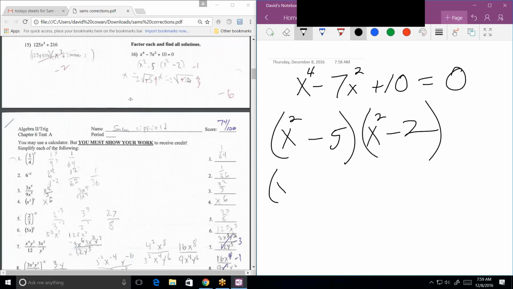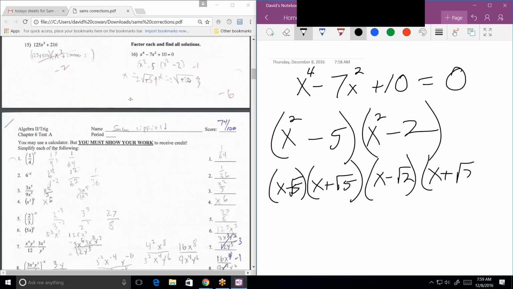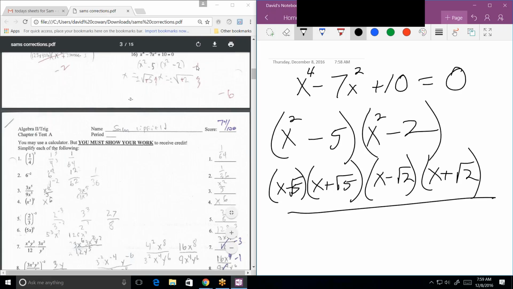This is x minus square root of 5 times x plus square root of 5. This is x minus square root of 2 times x plus square root of 2. So she probably wanted that answer, given the fact that she took 1 off.